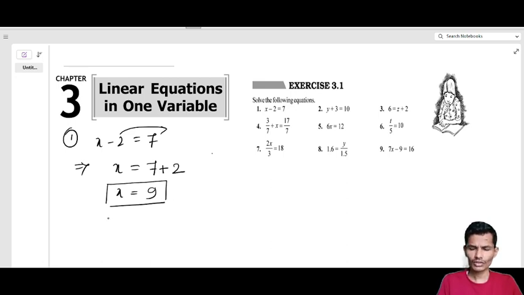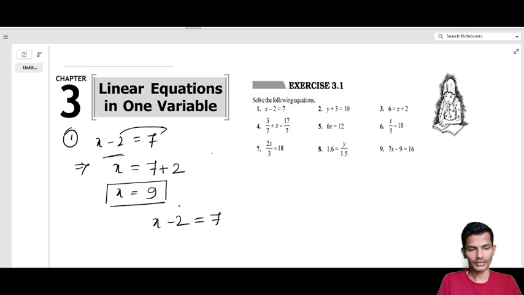So we need to check whether this x value, x equals 9, is correct or not. For that we need to put the x value 9 in the given equation, that is x minus 2 equals 7. We need to write the same equation that they have mentioned in the question, as it is.